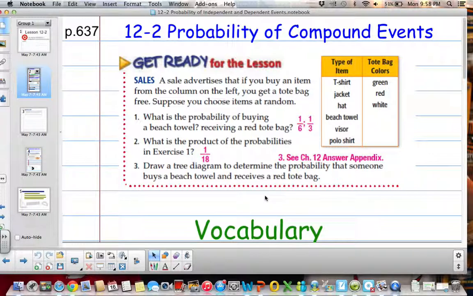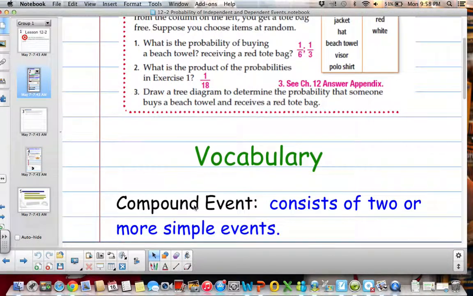And we know that from the fundamental counting principle, we would get the same answer. So we would get that there's 18 possible outcomes, and so our probability would be 1 out of 18 to get a beach towel and a red tote bag.